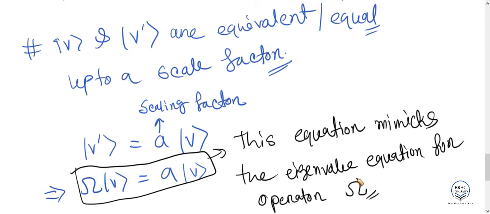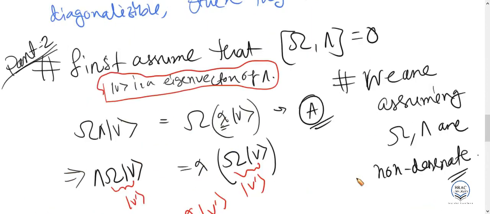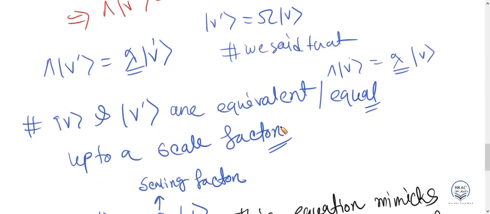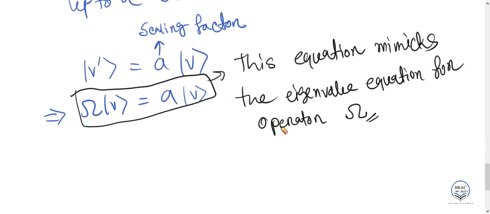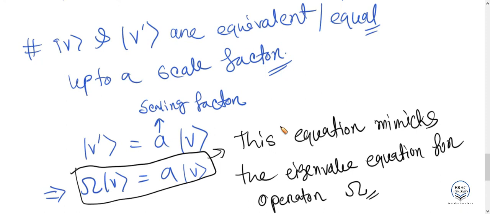The thing that is happening is that we assumed that these two operators commute, and we took v as the eigenvector of capital lambda, and we did some algebra over here. We also assumed that these operators are non-degenerate.